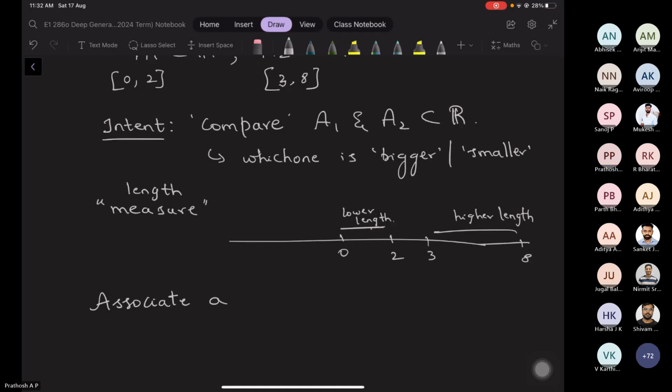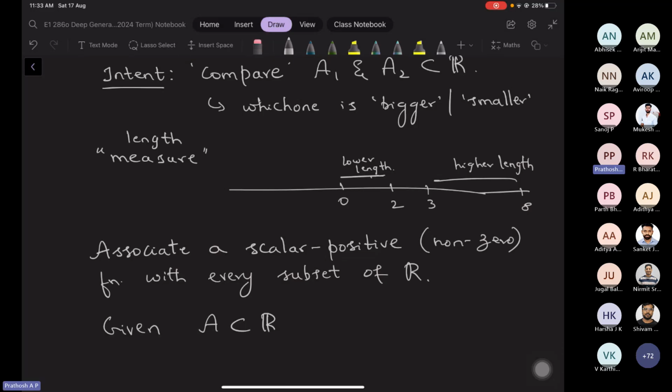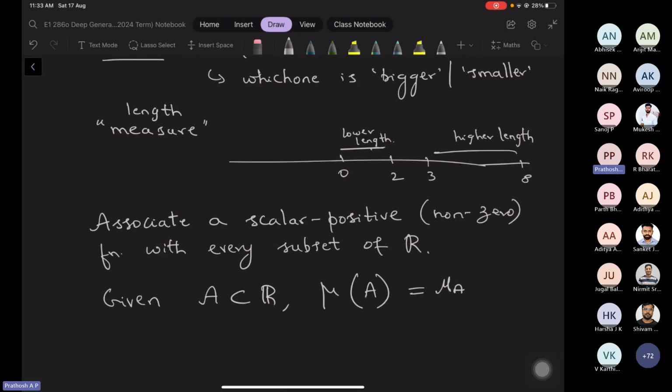Associate a scalar positive function, a non-zero function, with every subset of R. Basically, given a subset A of R, I take that subset and associate it with some number, which I call mu A, a positive real number.